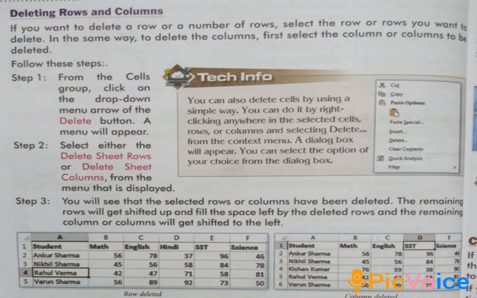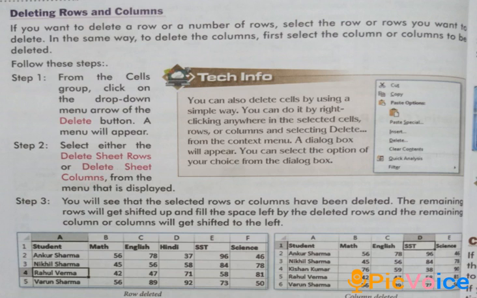Dear students, also we can delete rows or columns. To delete rows or columns, we should follow 3 steps, and step 1 is from the cells group, click on the drop down menu arrow of the delete button and a menu will appear.